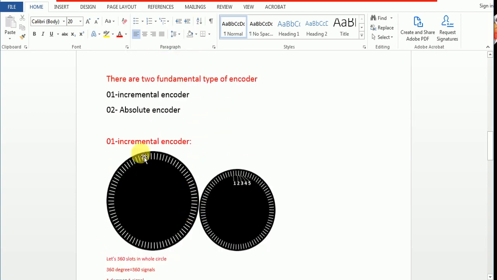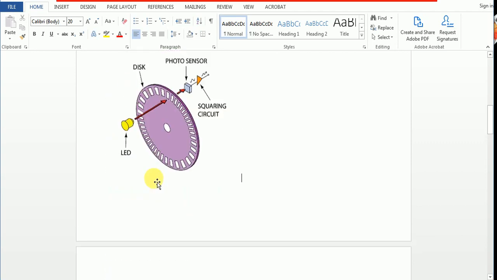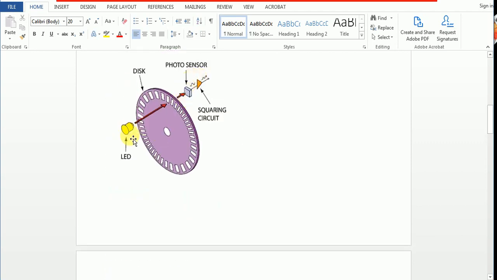You can see the incremental encoder: this is a disc, and this disc has some slots. Light will pass through the white slot, and will not pass through the black opaque slot. Here there is an LED which transmits light, and this is a receiver.